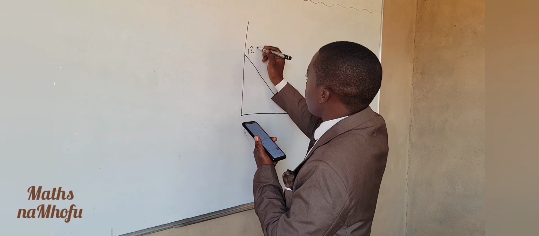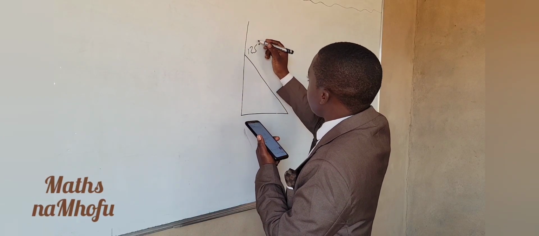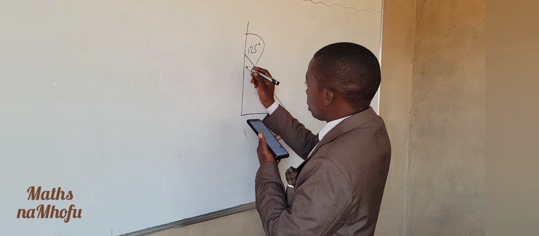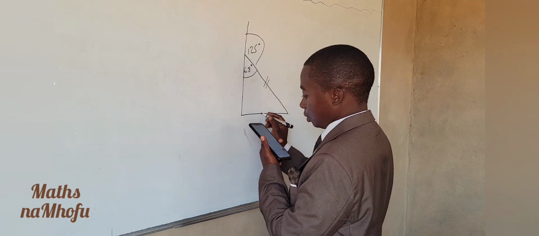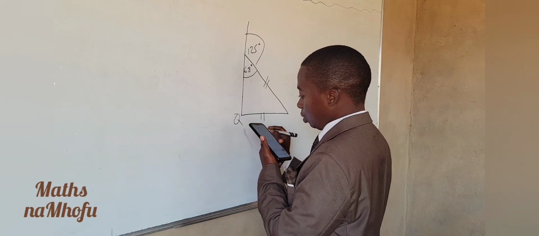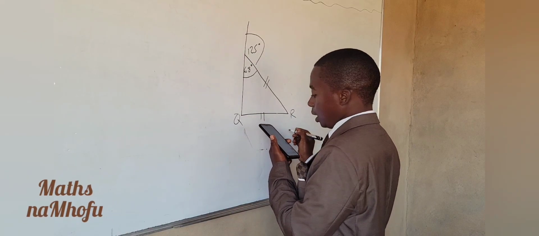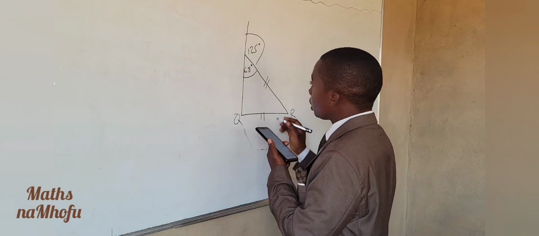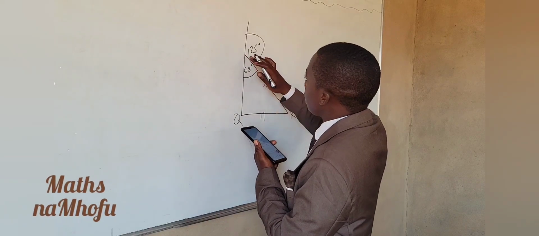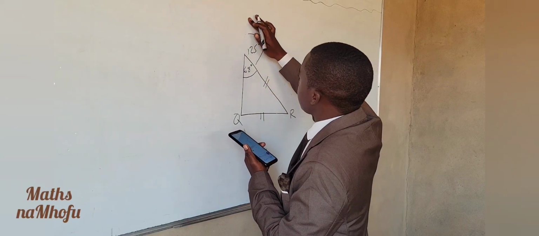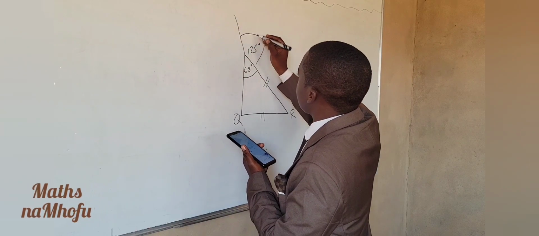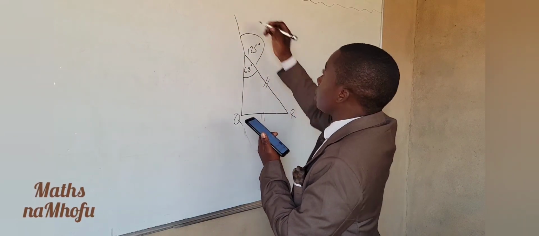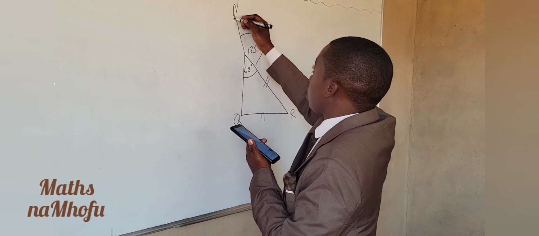This is the shape that we have. Here we have 125, 68. This is Q. This is R. This is not an actual straight line, but let me try to do this. Okay, this is the North Pole.